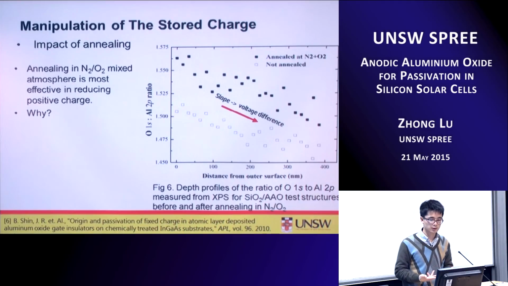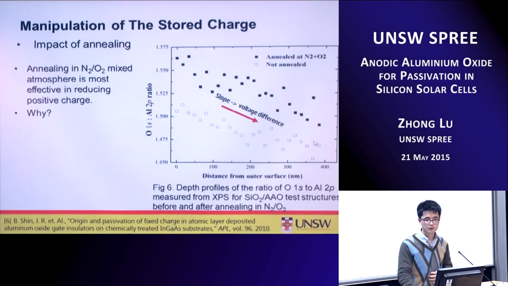and it's probably due to the voltage difference during my anodization. According to literature, when you have a higher anodization voltage, you would have a higher oxygen content in your AO. This is a 400 nanometer AO, and it grows from the interface between the dielectric and the semiconductor. At the beginning, you have a lower voltage because the resistance is still low, but as the film grows, the resistance increases and the voltage drop across your AO film increases, which increases the oxygen content in this film.